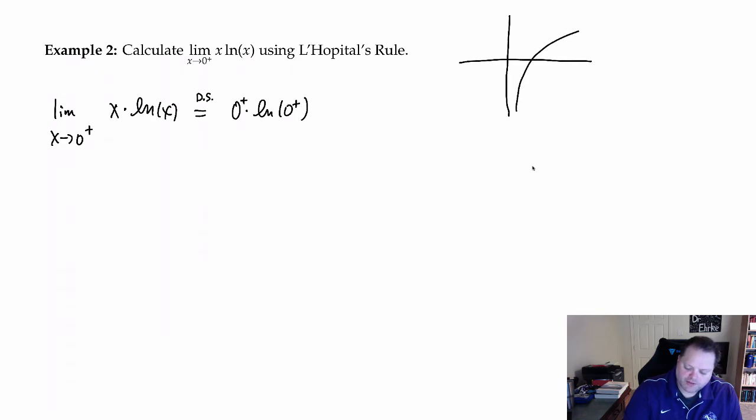So the natural log function looks like this. So as we approach 0 from the right, it goes to negative infinity. So this is a 0 times negative infinity, or a 0 infinity type indeterminacy.